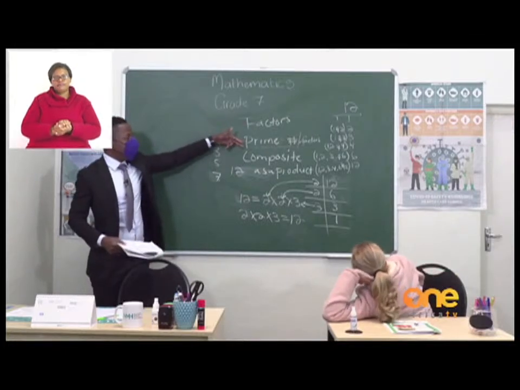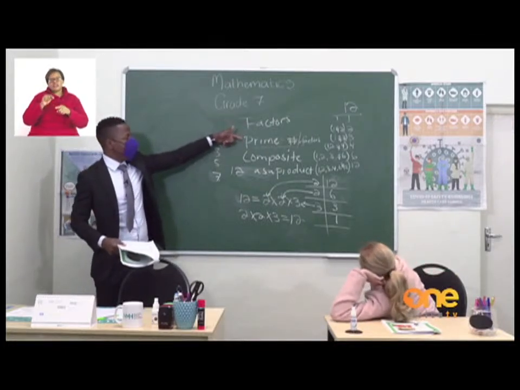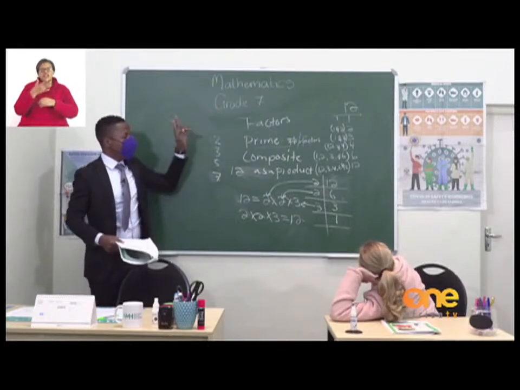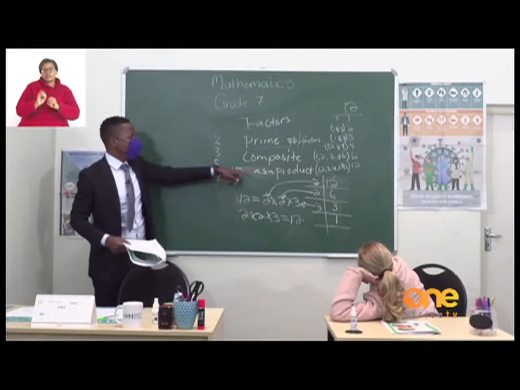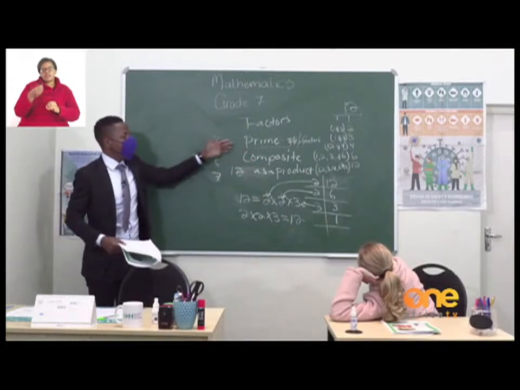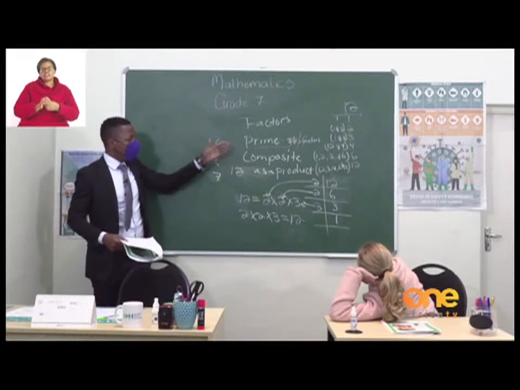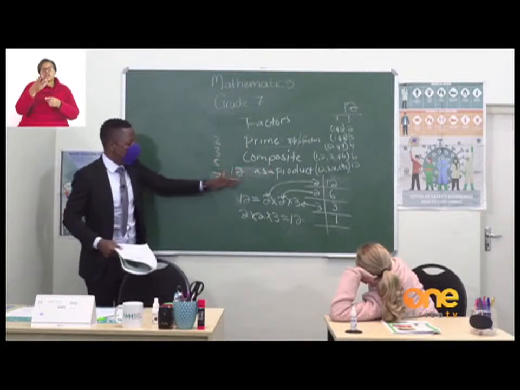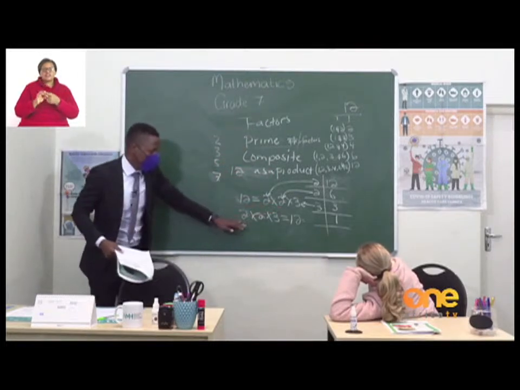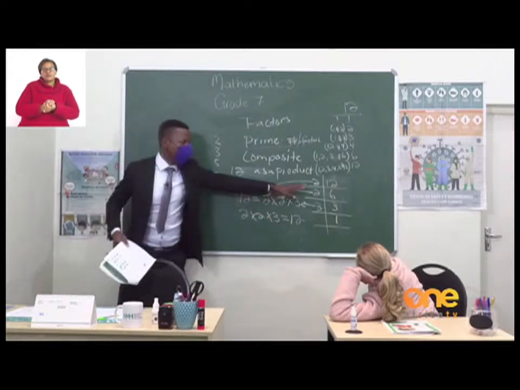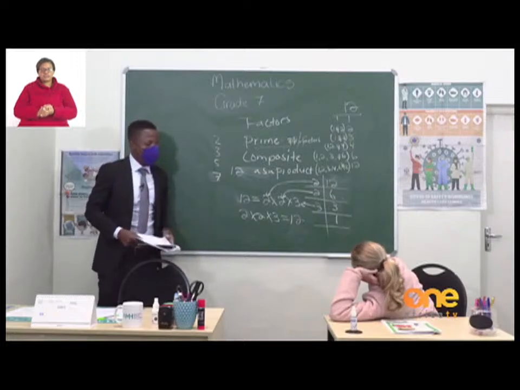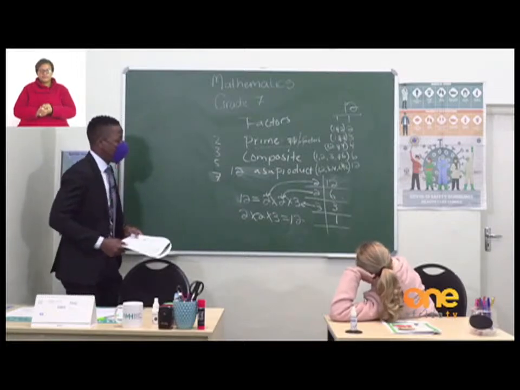A factor is a number that goes into a number without leaving a remainder. A prime number has 2 factors, one and itself. A composite number is a number with more than 2 factors. Writing as a product of its prime factors, you do it this way, but you need to show your work on how you get to the answer.